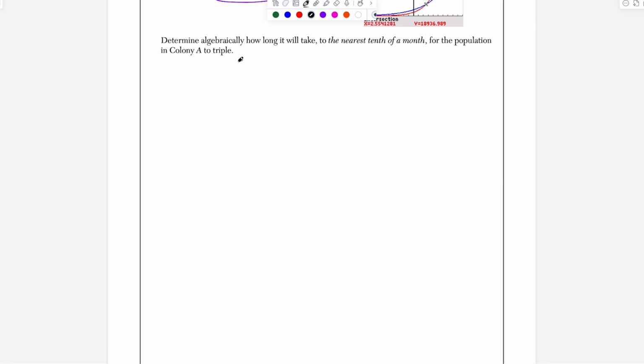And now for the last part, we're going to determine algebraically how long it will take to the nearest tenth of a month for the population in colony A to triple. So one thing to be mindful of is that A of t, the function we wrote before, was 10,000 times e to the 0.25t. So if we want to see how long it's going to take for the population to triple, we have to consider here that the initial population is 10,000.